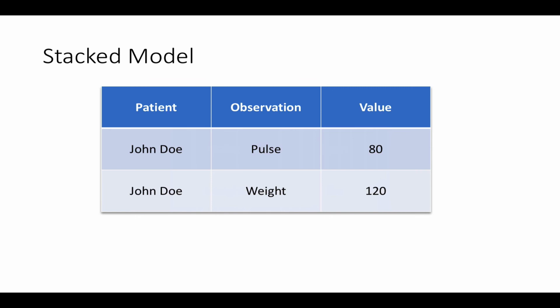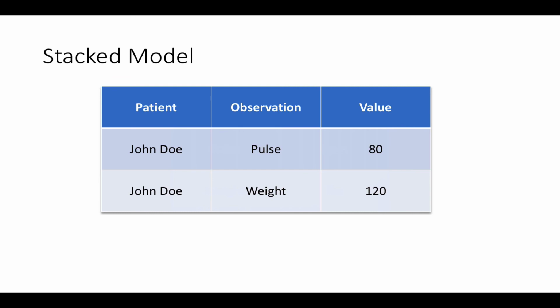And then, if you're a programmer, you may have heard of EAV as a model. It's entity attribute value, and that's the approach we use. Instead of making a new column in the table every time we have a new concept or something new we need to record, we create a table that says who's the patient, what is the thing that we're asking about or want to record data for, and then what is the value for that thing.